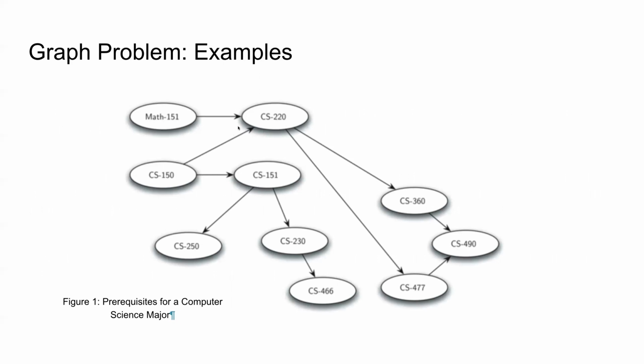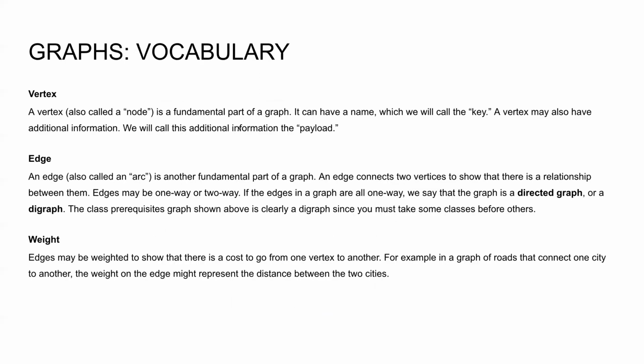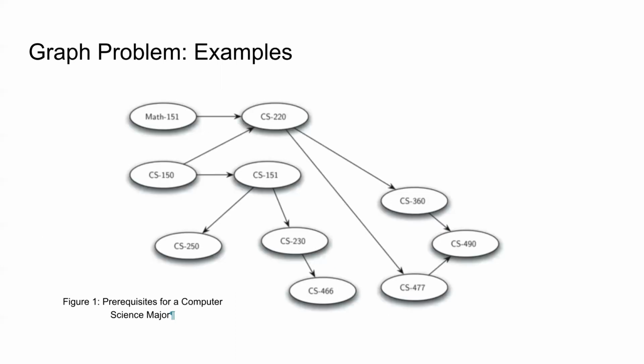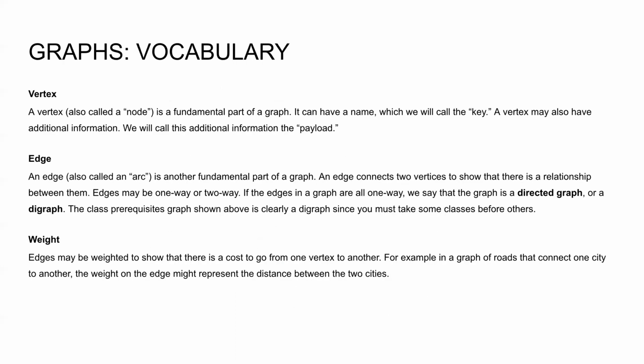It can be two directions, both directions. So if it's one way, we call it a directed graph or a digraph. And if it's two ways, that's an undirected graph. Okay. So the class representation is a directed graph because there are dependencies, prerequisites, for the class.